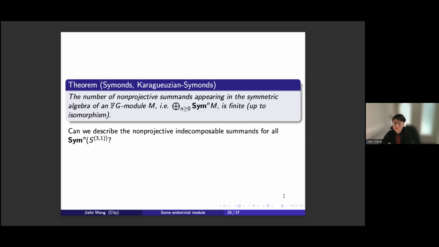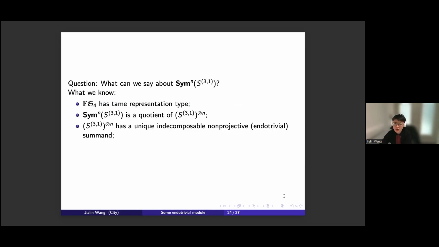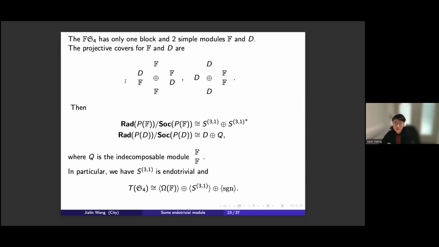And also, I think for this module, you have very nice quivers for this FS4 and FS5. So you know what things appear in the projective covers, right? And when N is large and P is large, you have no control. You don't know the quiver. You don't know the Gabriel quiver. So things will get messy. You get wild representation type and everything. So I will say it will be much more complicated.